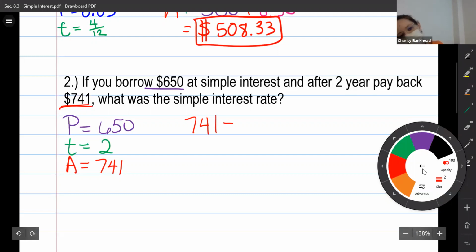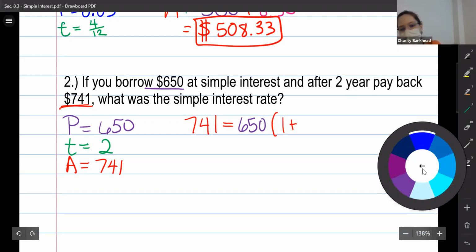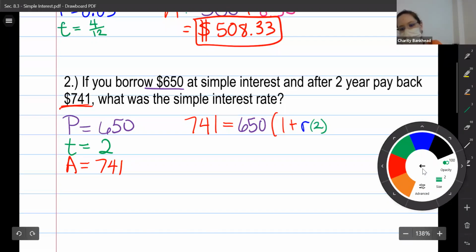So 741 equals 650 times 1 plus R, which we don't know, times T, which is 2. All right.